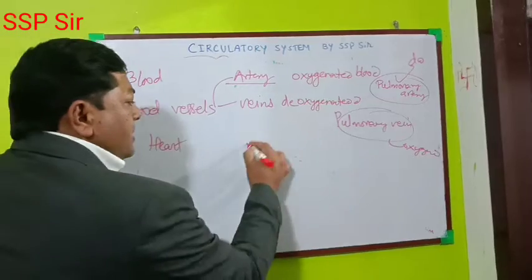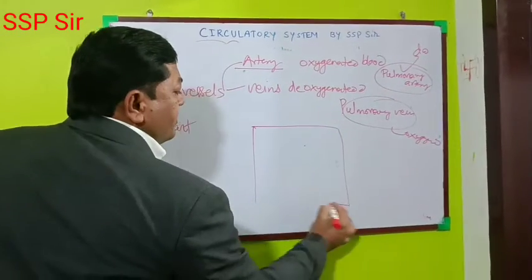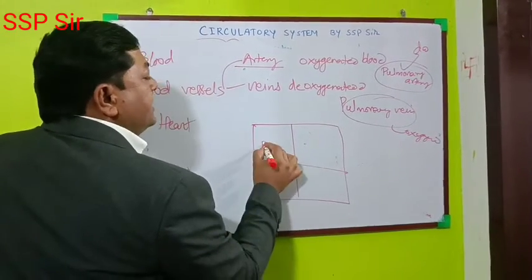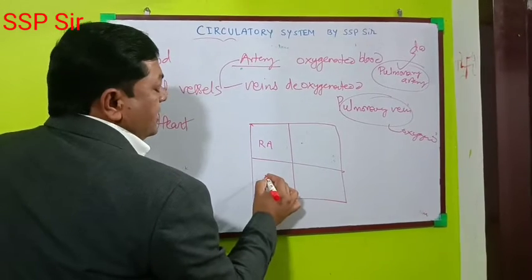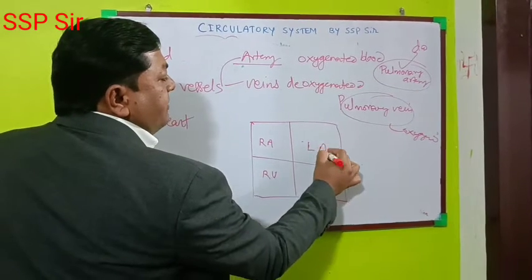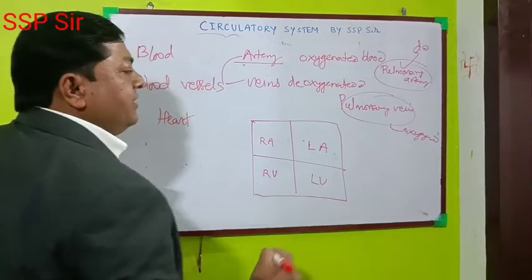Now we see the heart. This is a general diagram. This is the heart. It has four chambers: this is the right auricle, this is the right ventricle, this is the left auricle, this is the left ventricle.